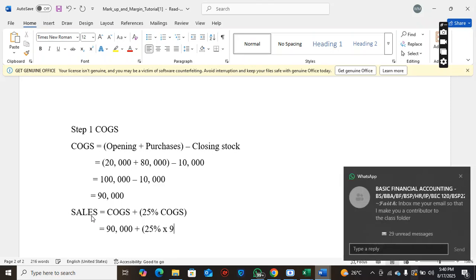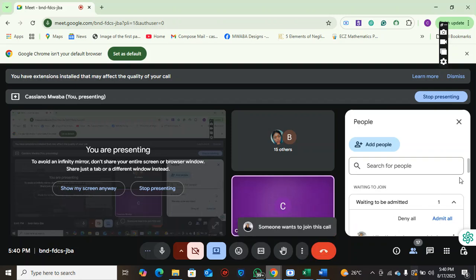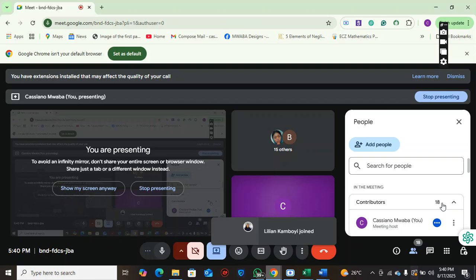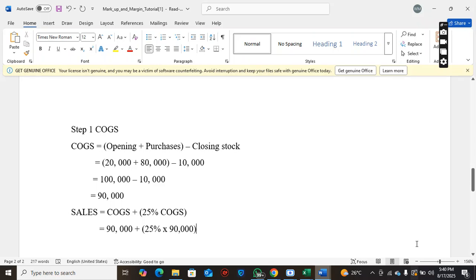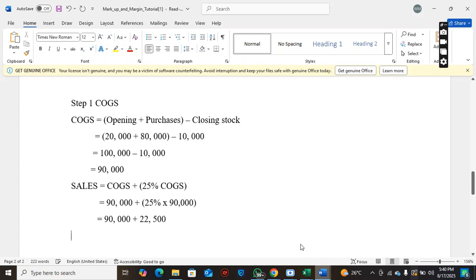What is 25% of 90,000? It is 22,500. Then 90,000 plus 22,500 is 112,500. Any questions?